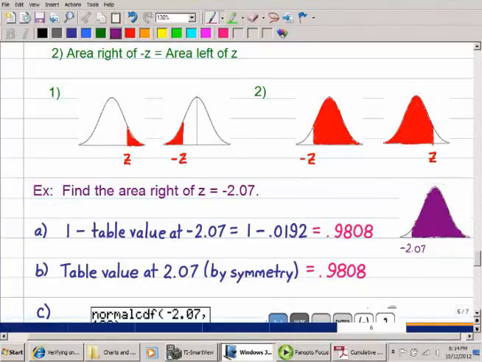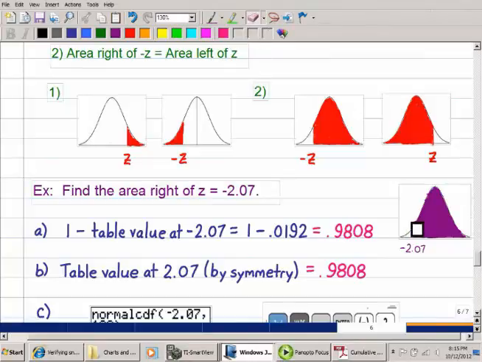Because by sketching this picture, area right of negative 2.07, because remember this is the standard normal, z's in the middle, you just look at that picture and you can tell that that area for sure is an answer bigger than 0.5. The mean's in the middle, so you have an area of 0.5 to the left of the mean, 0.5 to the right of the mean.